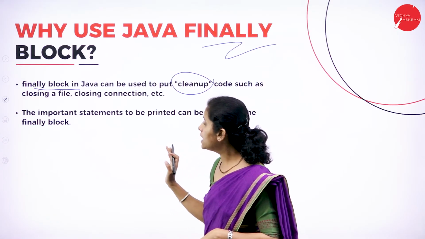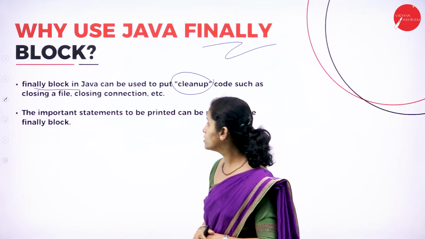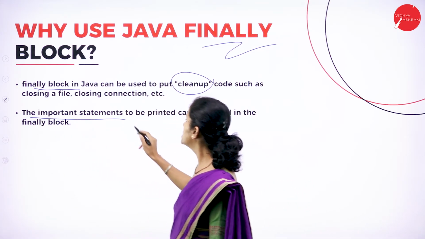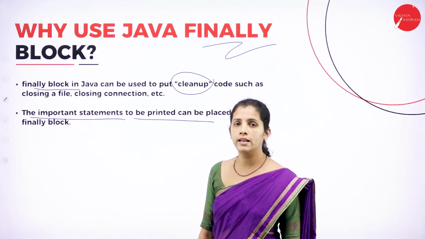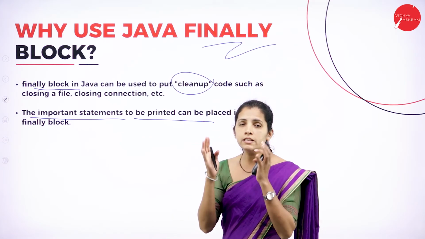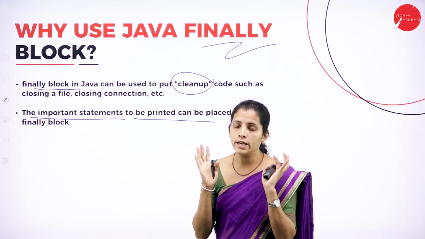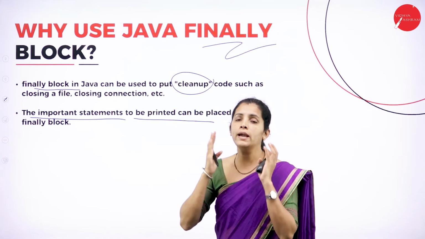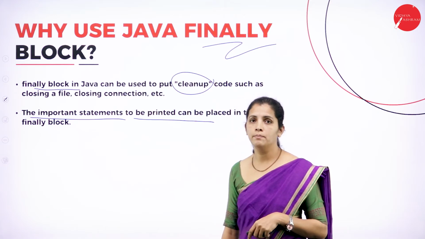At that time I can make use of the finally block. The important statements to be printed can be placed in the finally block. That means there are certain statements that I feel are important and I want to print them, and where I am going to place those statements is in my finally block.